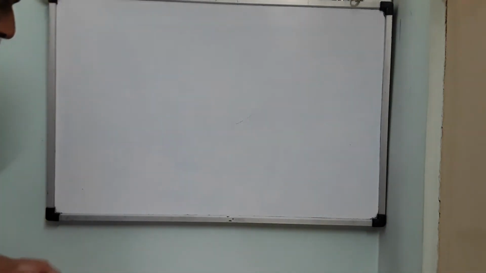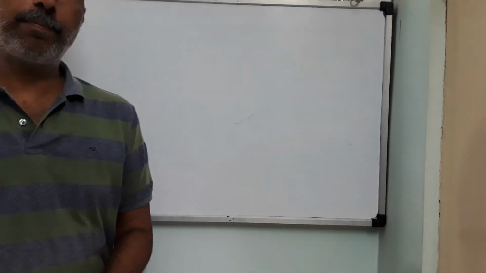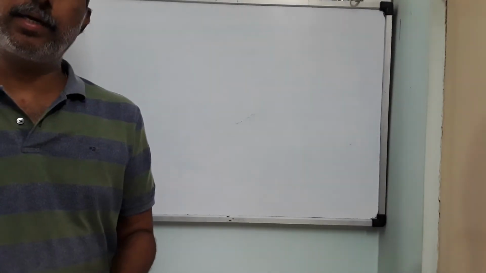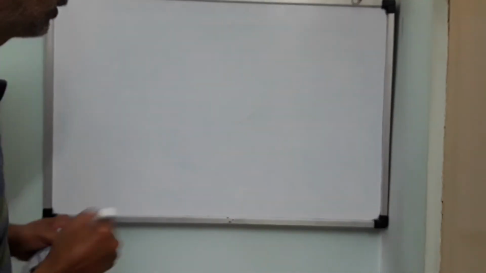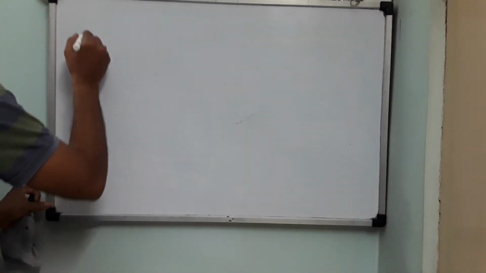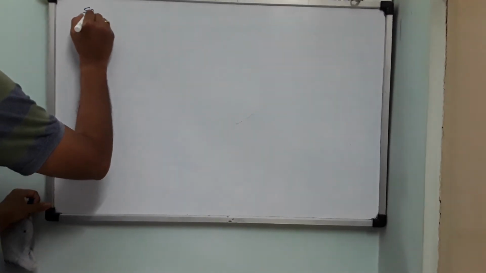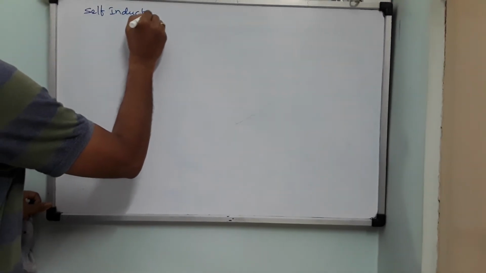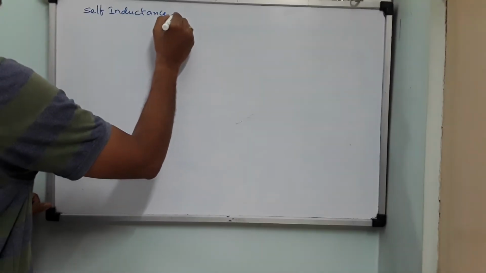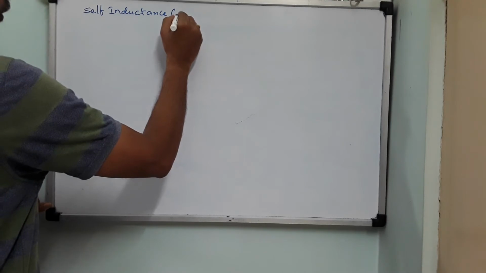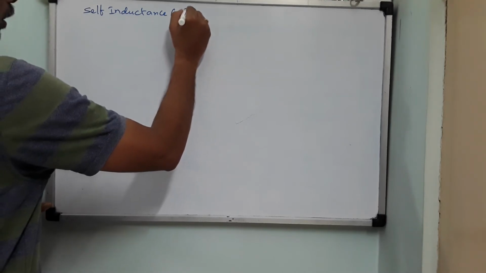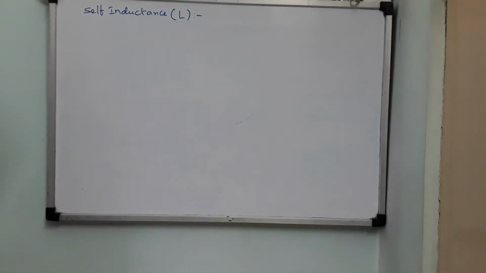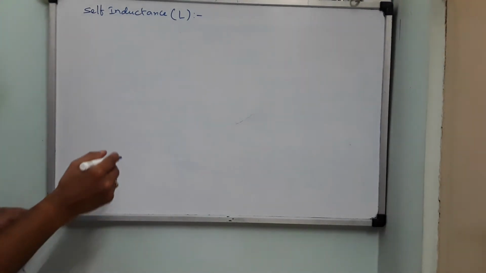Now the other part of the topic, children: inductance, self-inductance and mutual inductance. So now this is self-inductance. This I denote as L. Now look at the setup.